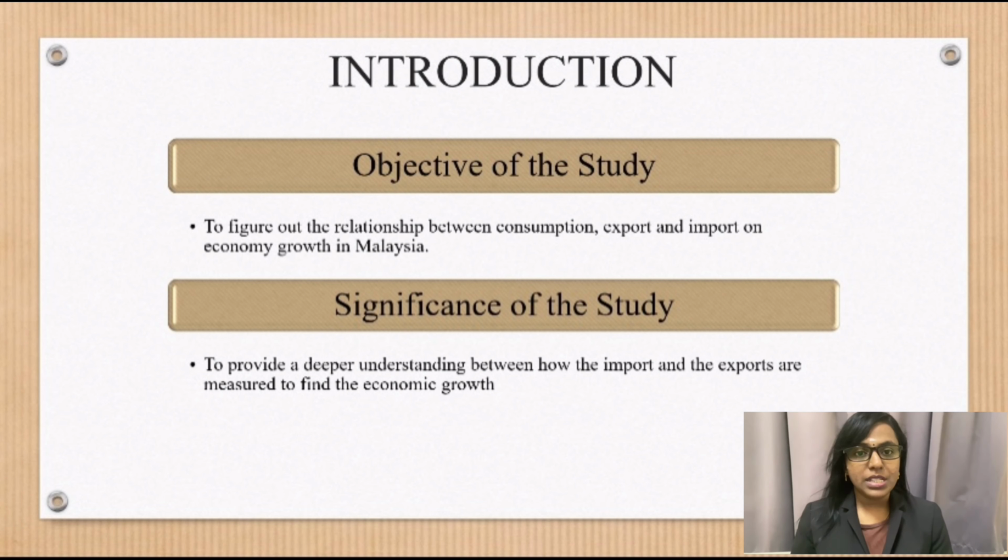To develop this relationship, this research uses pure time series analysis to find out the significant and the insignificant relationship of export, import, consumption and development in the economic growth.